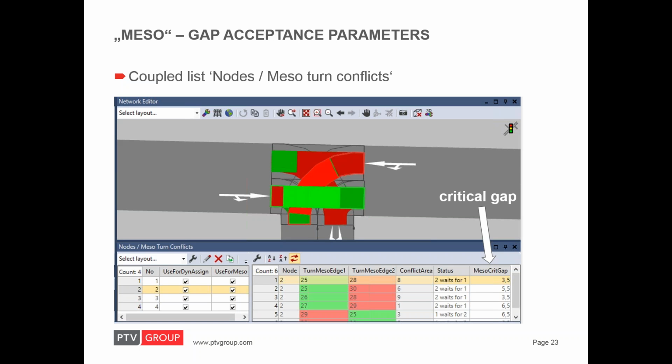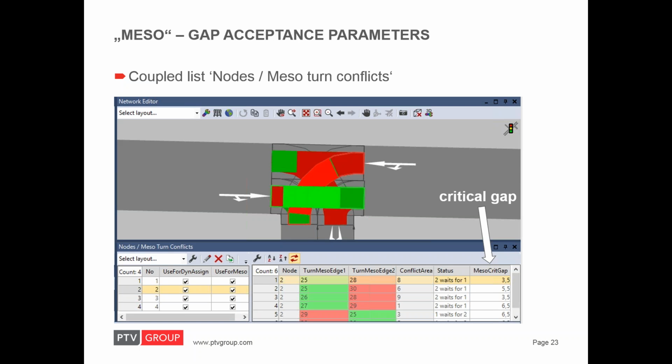So in Vissim, there are special lists for entering gap acceptance parameters, because these lists show only the conflicts relevant for mesoscopic simulation. The example here is a left turn from the major street that has to give way. It is a rank 2 movement that must cross the oncoming traffic stream.